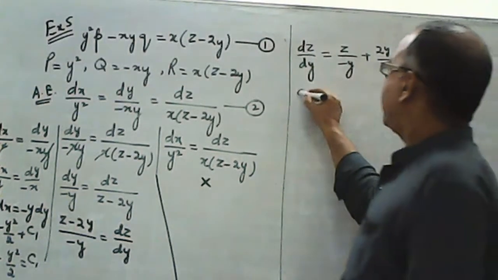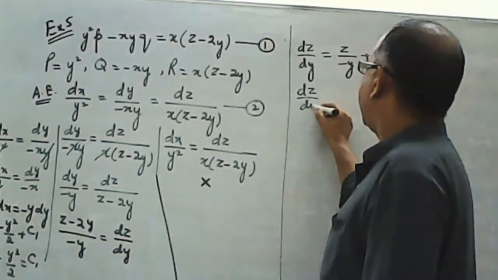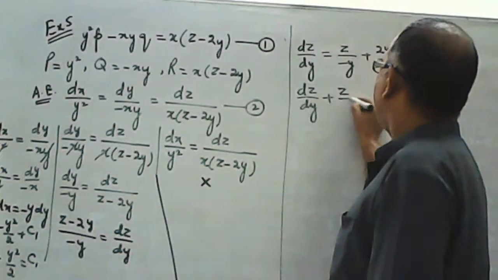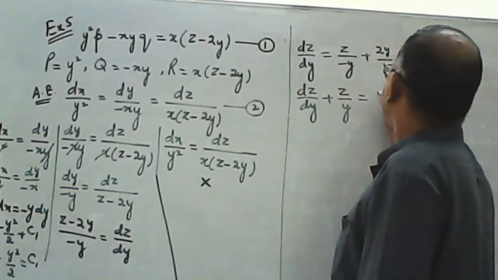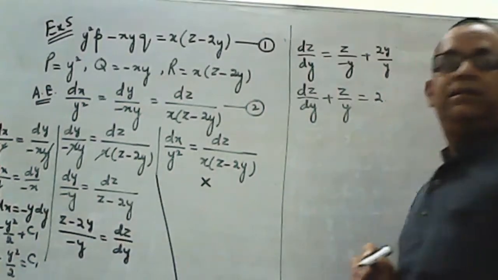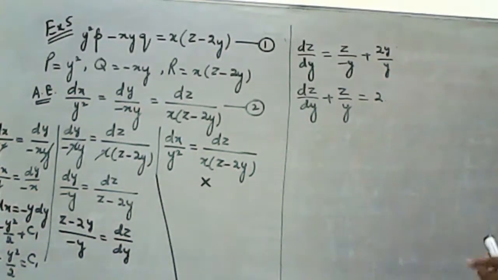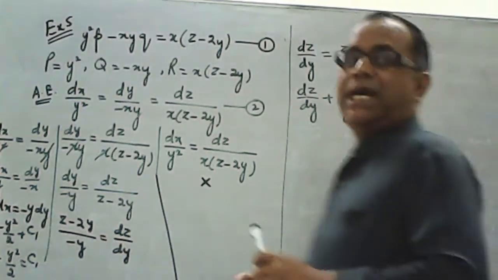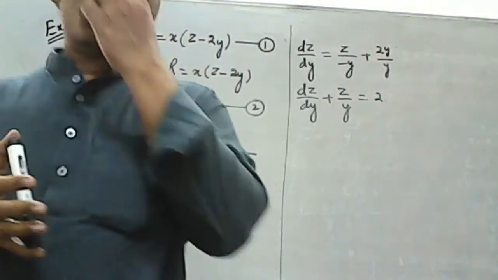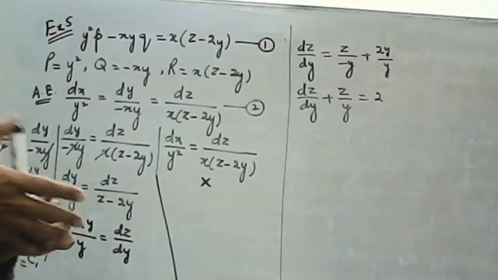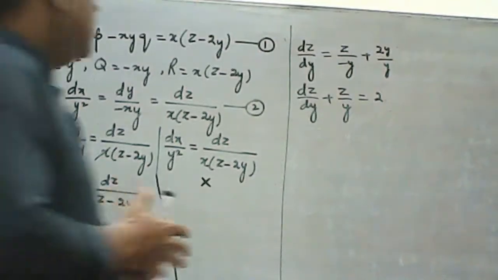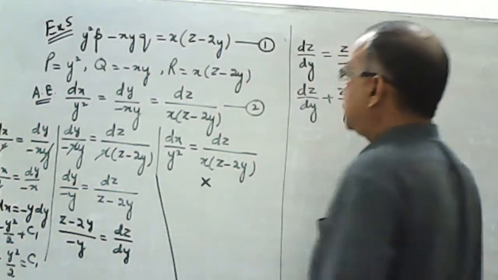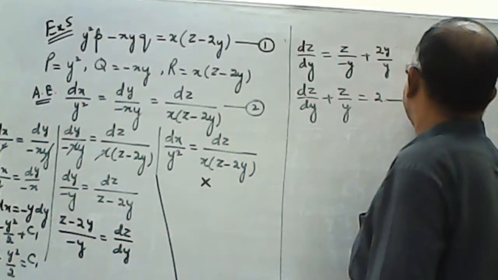And if I write it this way, dz over dy plus z over y is equal to 2, then this will be known as linear in Z. Equation linear in Z.